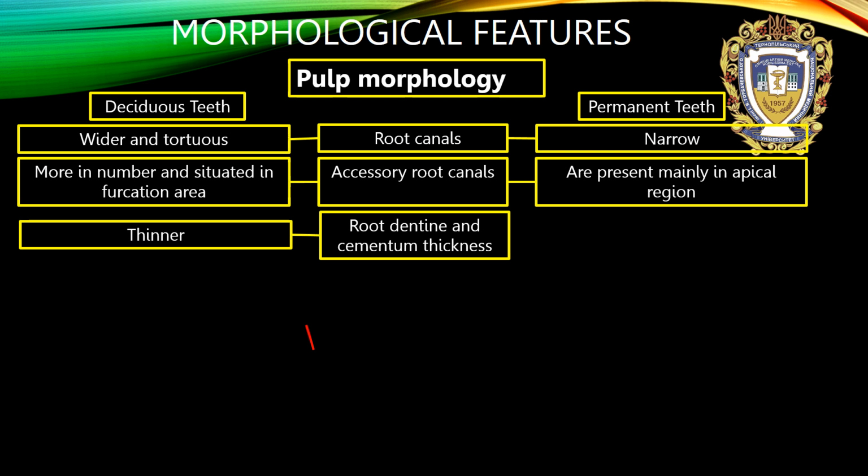Next characteristics, root dentine and cementum thickness. In temporary teeth, root dentine and cementum are thinner. In permanent teeth, root dentine and cementum are thicker.